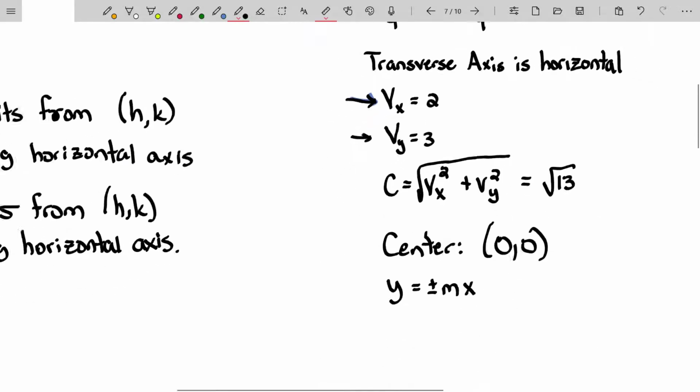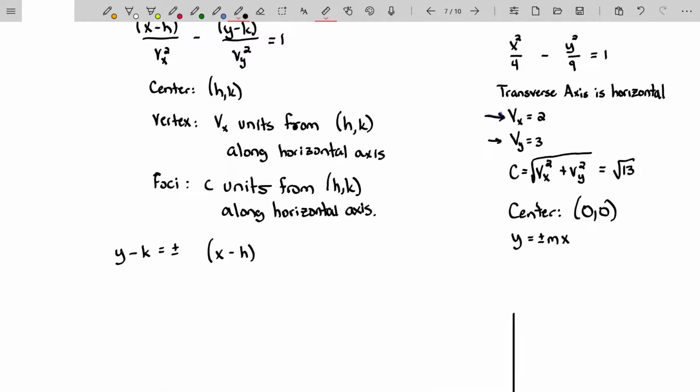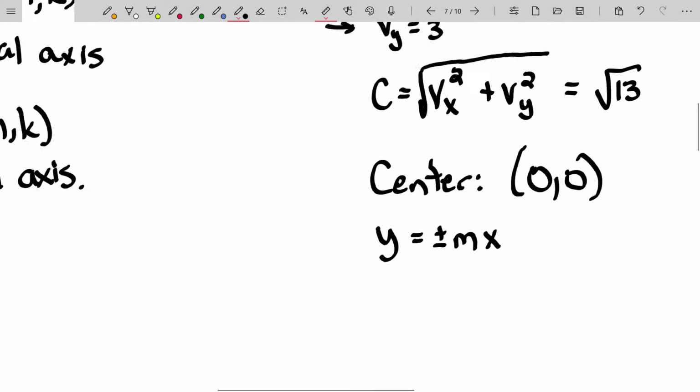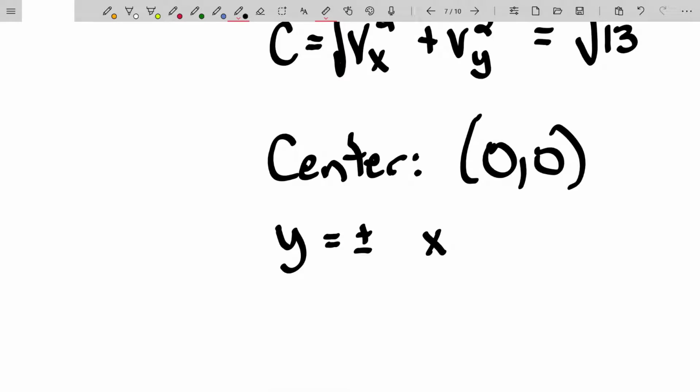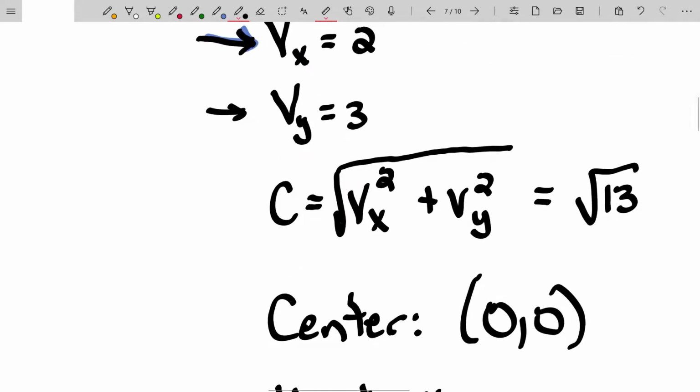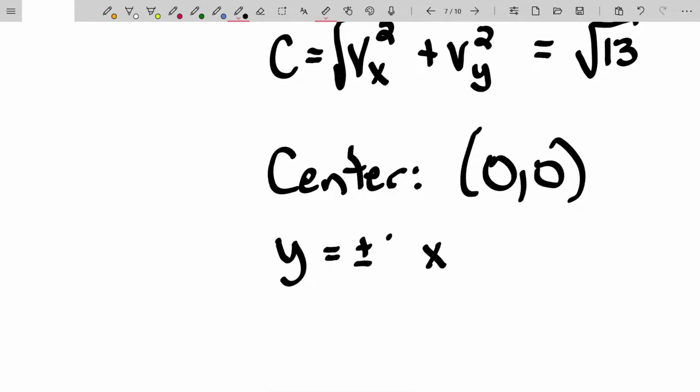So that's how I've always done it when I was a student. It's actually literally just v sub y always over v sub x always. And now I can say, oh, my asymptotes are y equals plus or minus v sub y is 3, v sub x is 2, so plus or minus 3/2x. Those are the asymptotes. I will just write it that way.